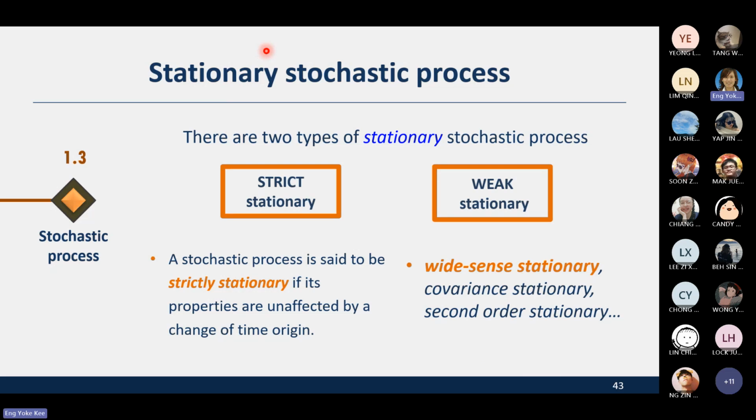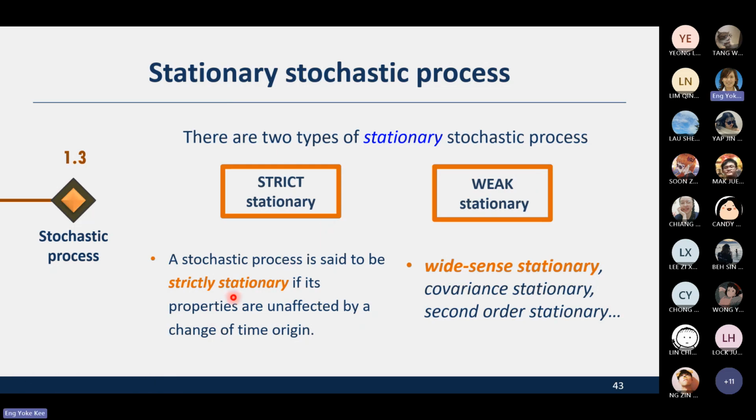In practice, there are two types of stationary stochastic process. One is what we call strict stationary. The other is what we call weak stationary. Let's look at the key difference between these two. The first one is strict stationary.